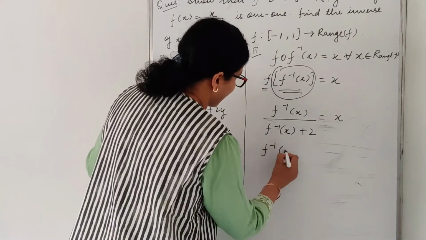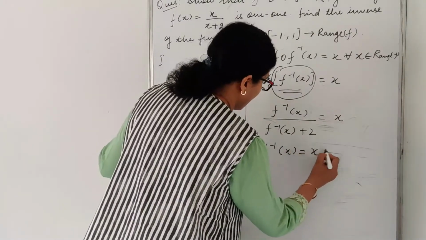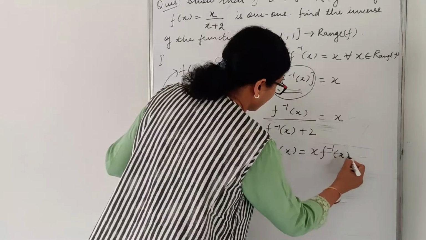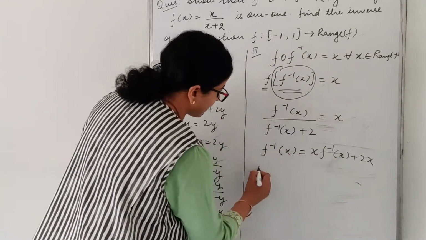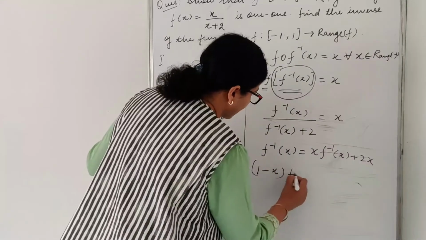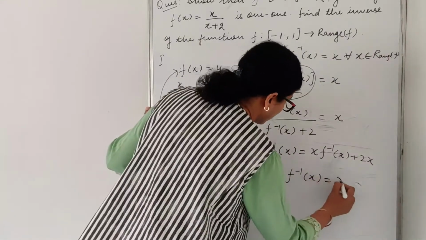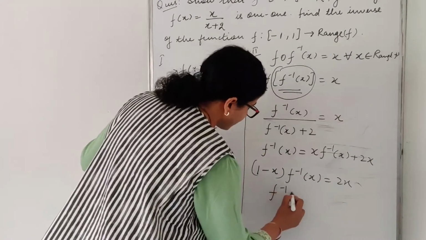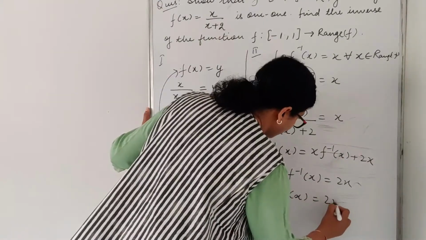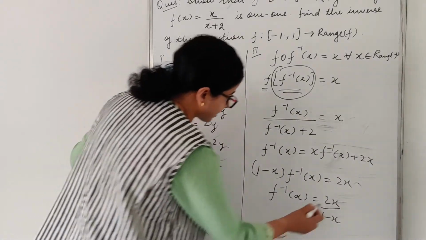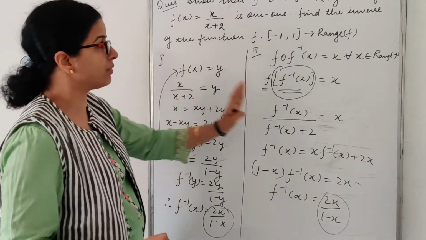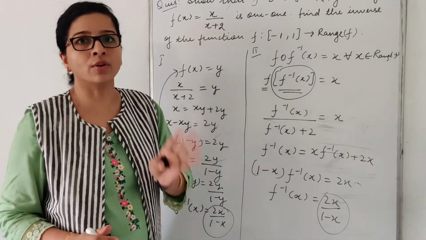So f inverse x equals x times f inverse x plus 2x. Okay, bring the f inverse terms to one side, so (1 minus x) f inverse x equals 2x. f inverse x is equal to 2x upon 1 minus x. So check this and this, they are same, both the ways are correct, you can use any of the ways.